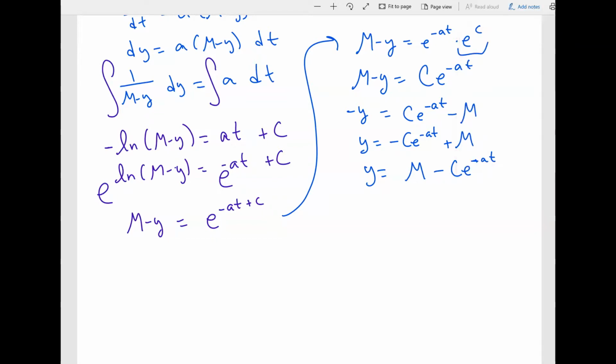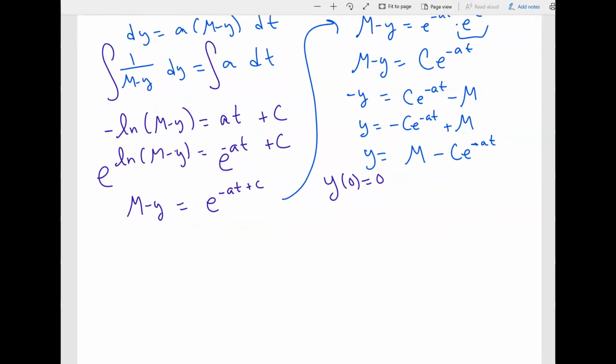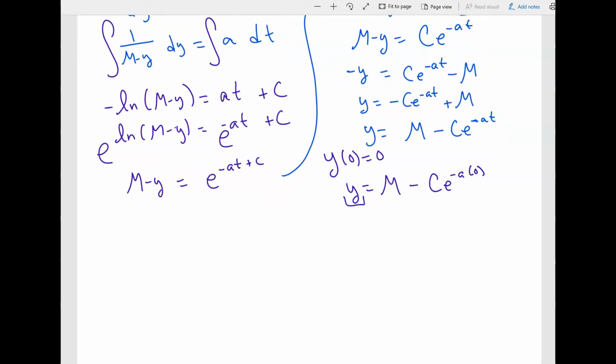Well, we know that our initial condition, in the beginning, we're imposing this initial condition that we have 0. So we're going to have y is equal to m minus c e to the negative a times 0. This guy is just 0, so m minus c, and this thing is just going to be 1. So if I move the c over, I get c equals m.